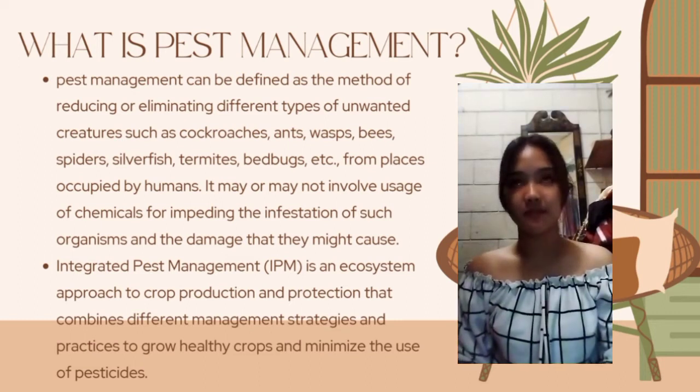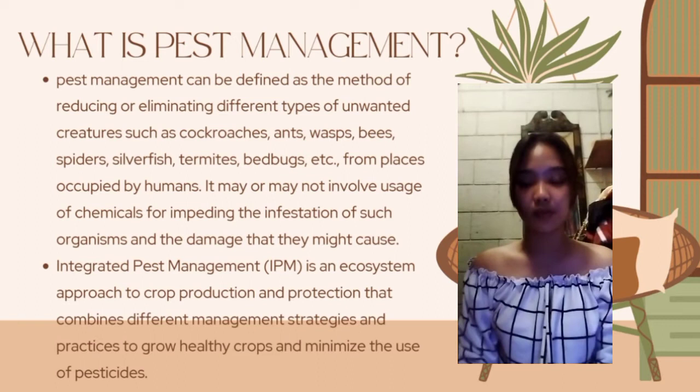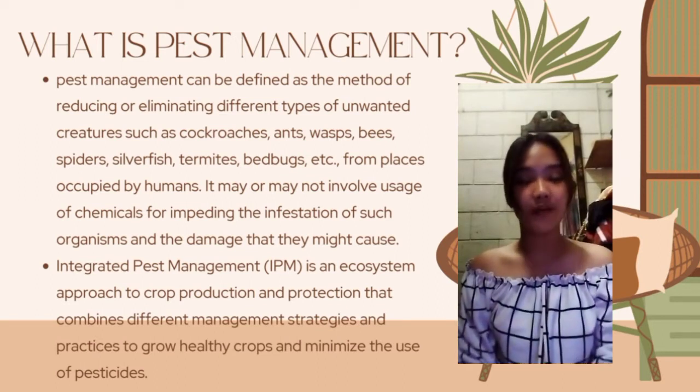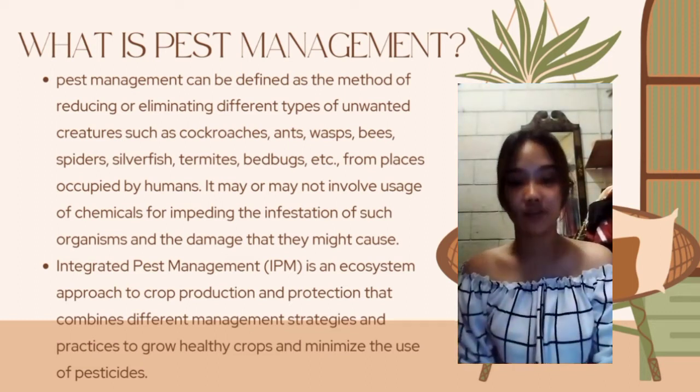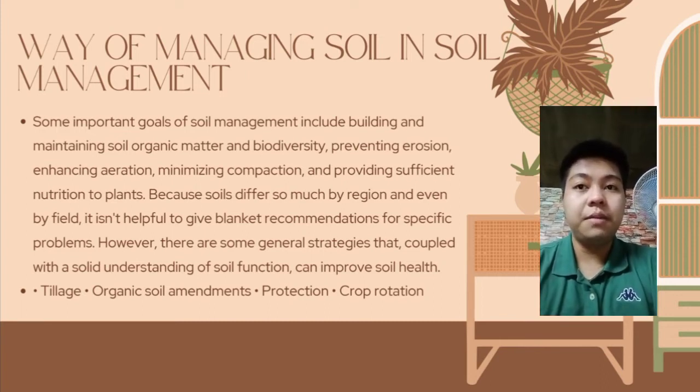Pest management aims to keep the use of pesticides at the lowest possible level, to give preference to sustainable, biological, physical, or other non-chemical methods if they lead to a satisfying result. Some important goals of soil management include building and maintaining soil organic matter and biodiversity, preventing erosion, enhancing aeration, minimizing compaction, and providing sufficient nutrition to plants.